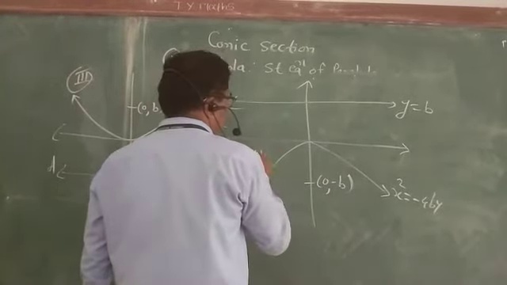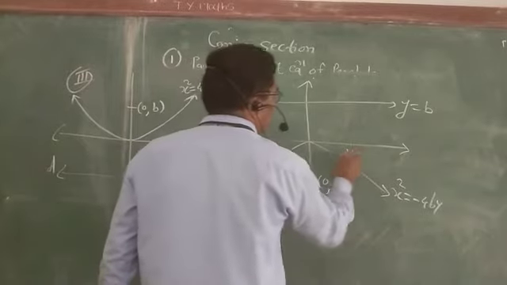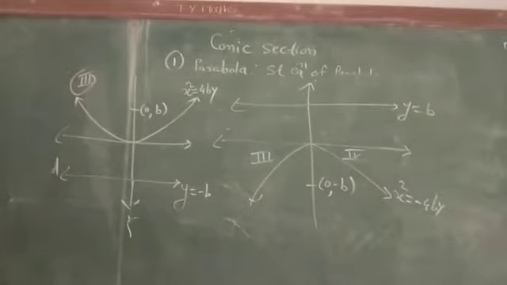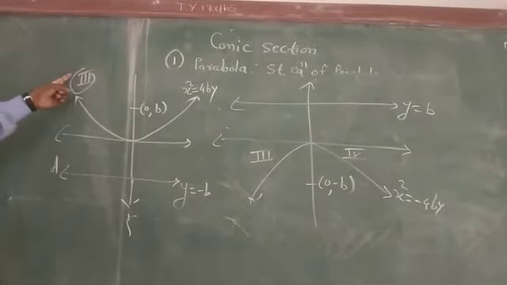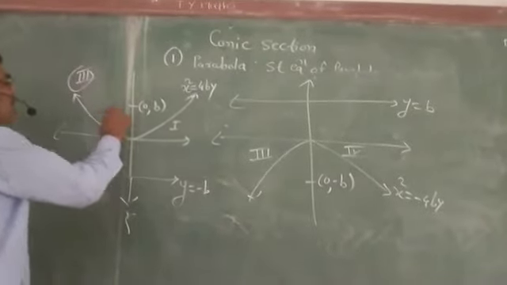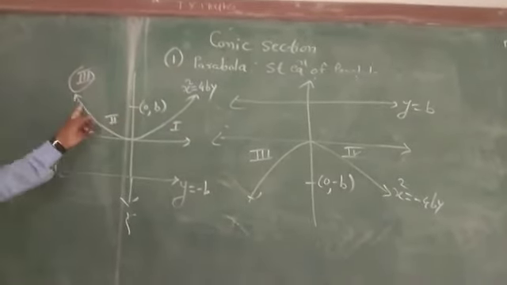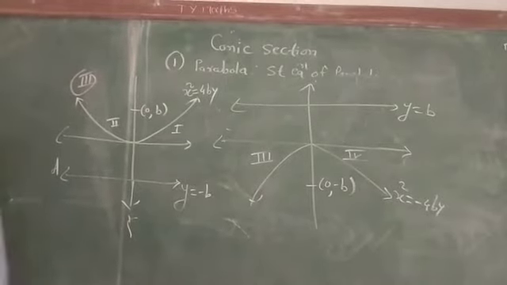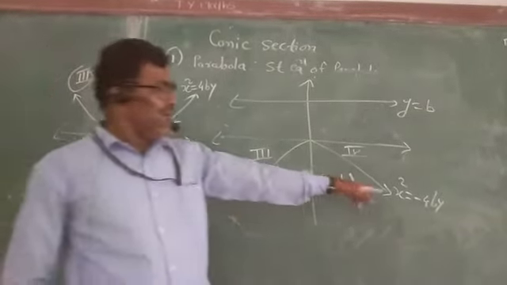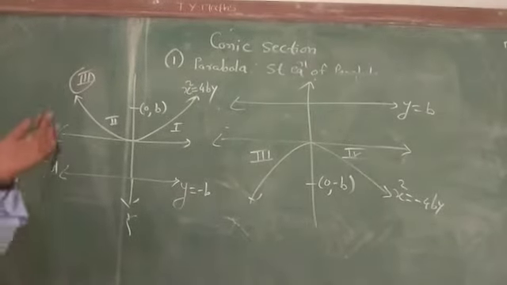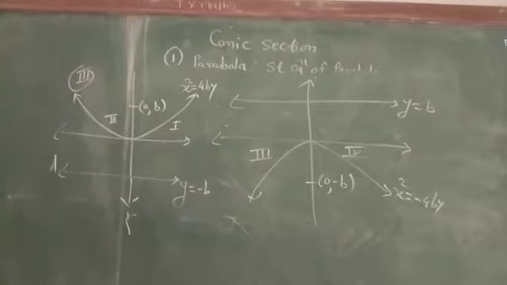That parabola lies on third and fourth quadrant. Third parabola lies on first and second quadrant. That is x square equal to 4by, x square equal to minus 4by. See and write in your notebook.